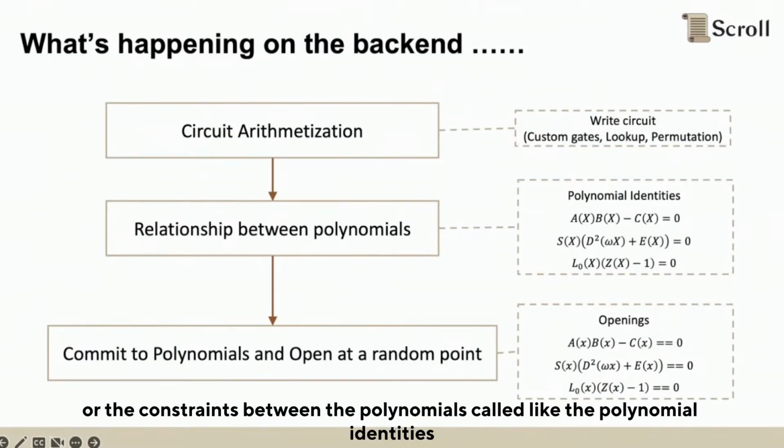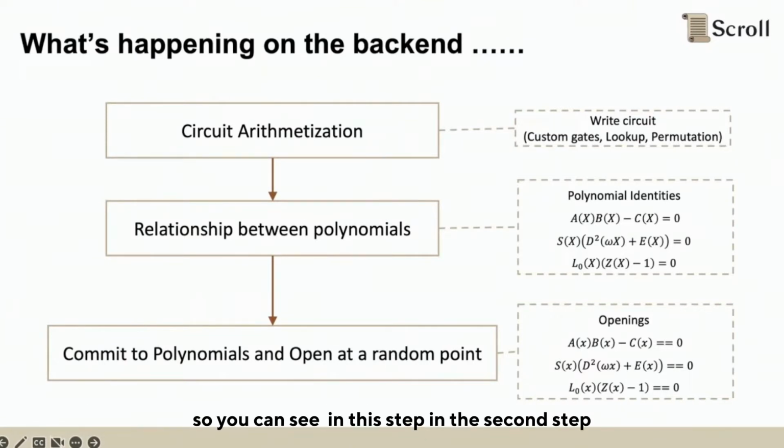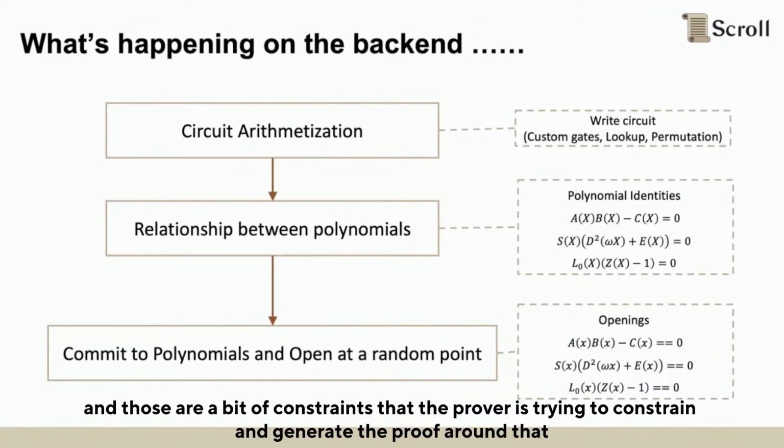I call it the polynomial identities. So in this second step, we just have a lot of equations over all of those polynomials, and those are the constraints that the prover is trying to satisfy and generate the proof around.